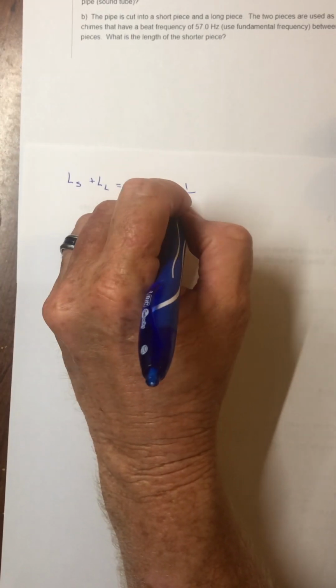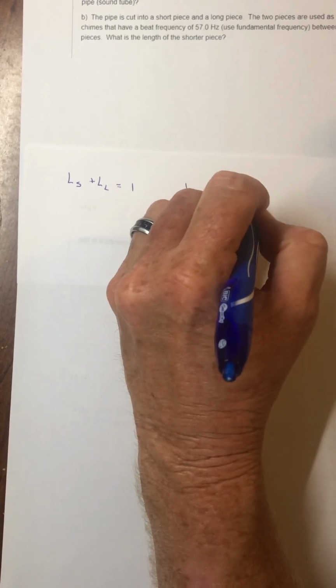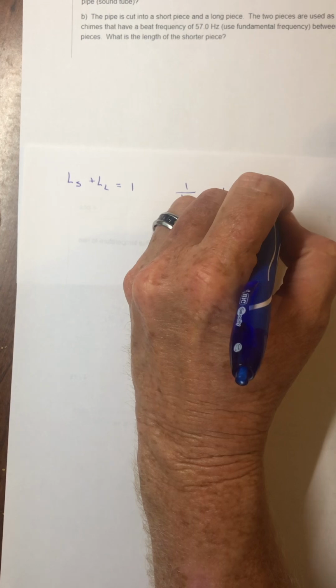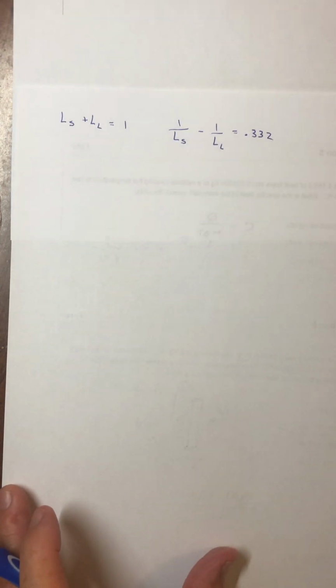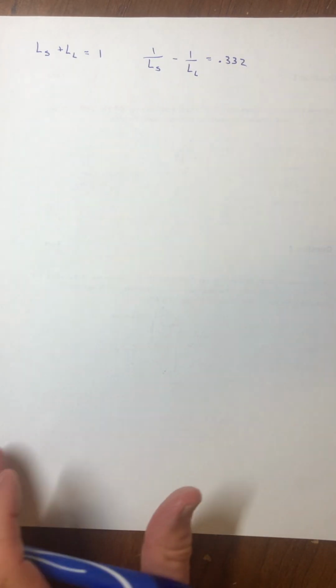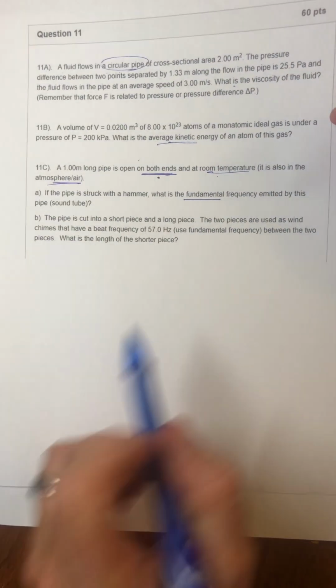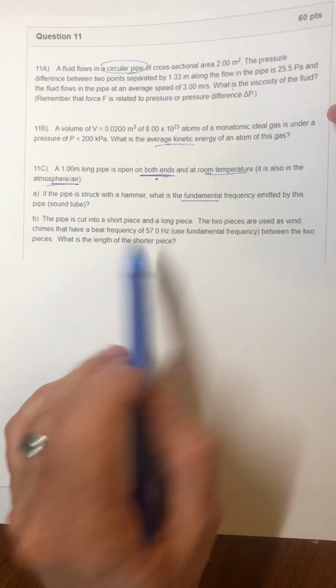And the second is 1 over LS minus 1 over LL is equal to 0.332. So there's my system of equations. And the question says, what is the length of the shorter one?